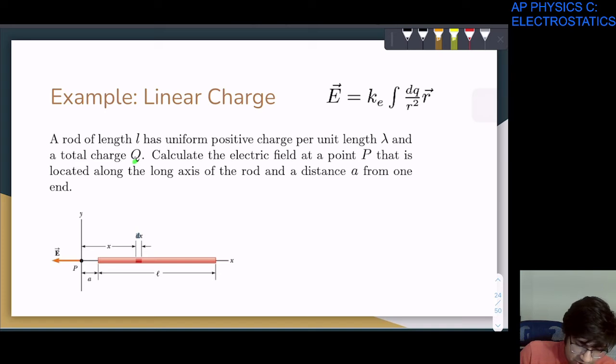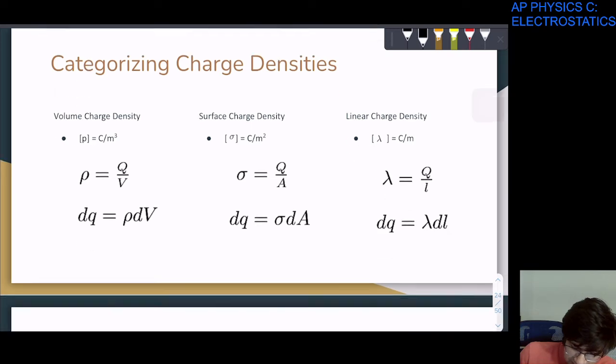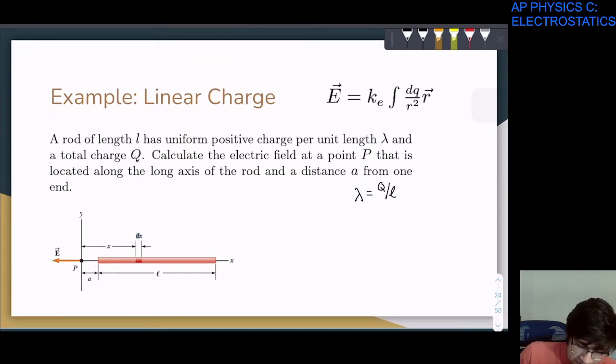And total charge Q. So all I'm going to do is write down lambda equals Q divided by L, right? I just copied down this equation here. And we're given this, this, and this, so they're telling us everything. Now calculate the electric field at a point P that is located over here, at a distance a away from the other end. So calculate the electric field at point P.